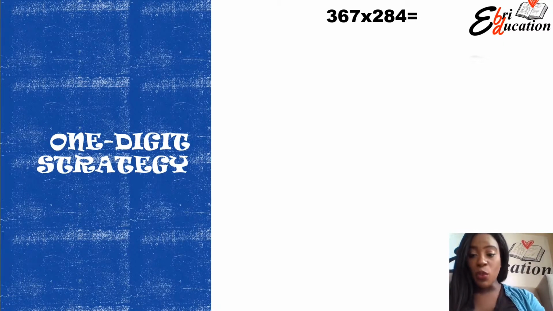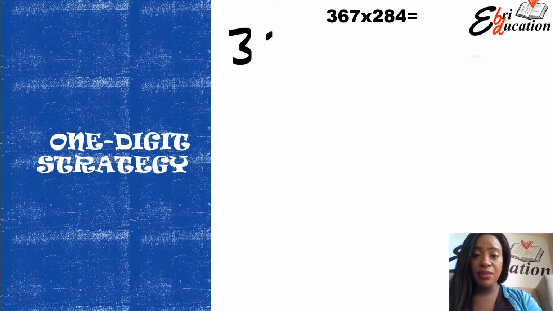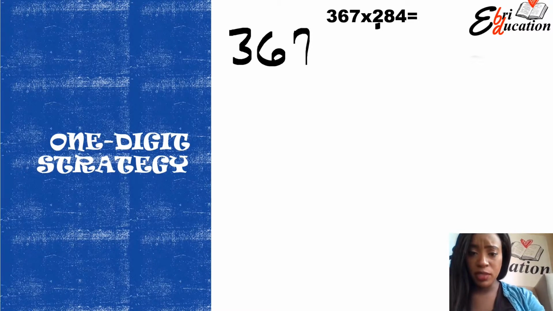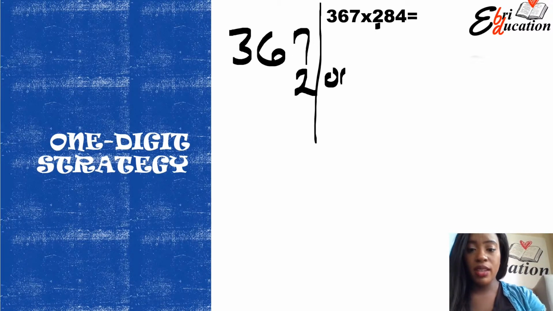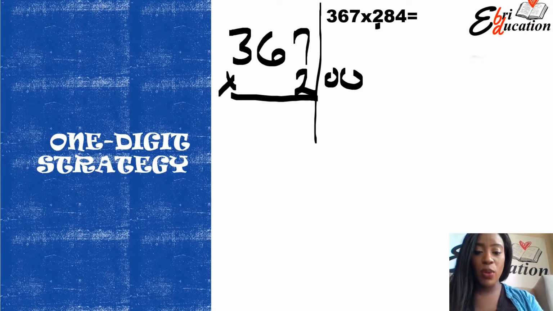What I have the students do is write 367, and then that's really not a 2, that's really a 200. But I keep that 2 in the ones place, and then I put the zeros out there. So 367 times 200.